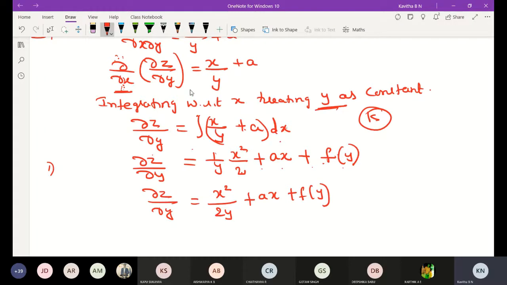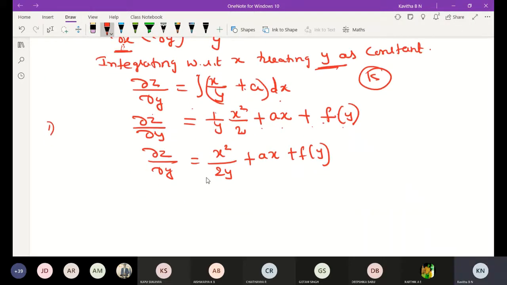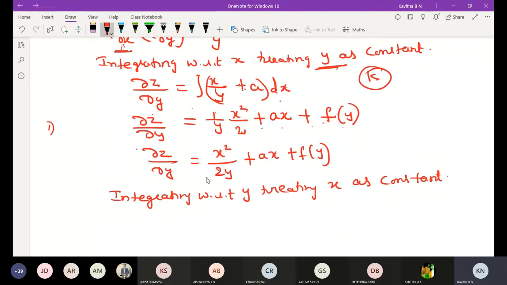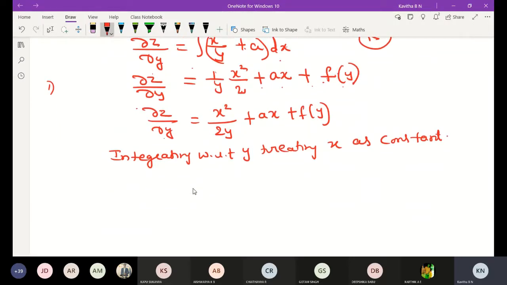Then next, del z by del y means again integrating with respect to y, treating x as a constant.